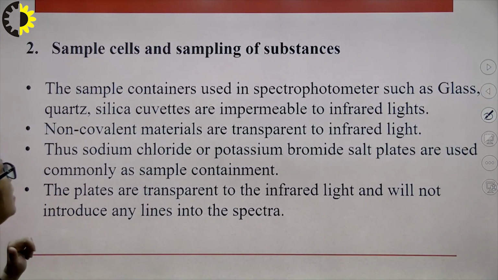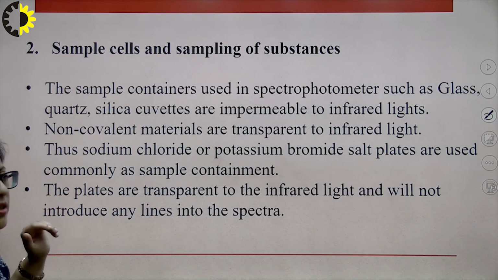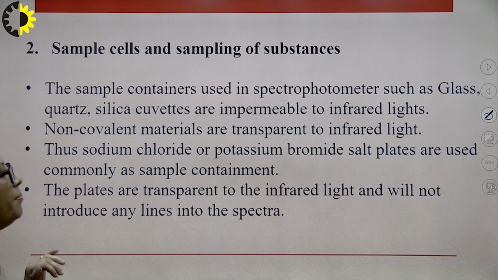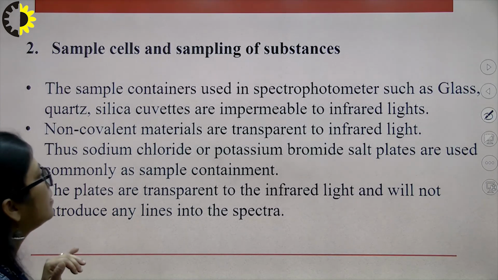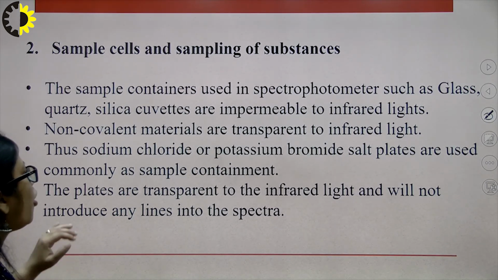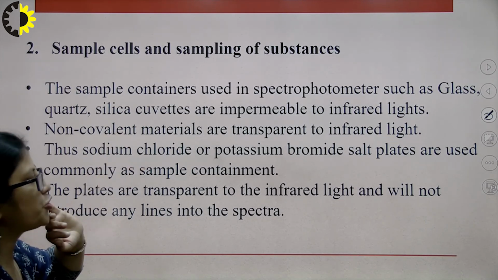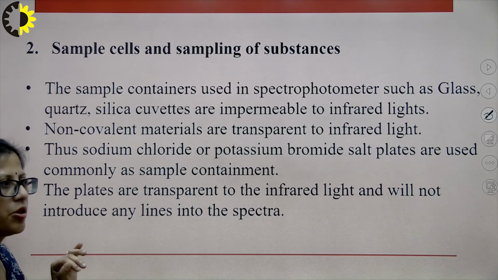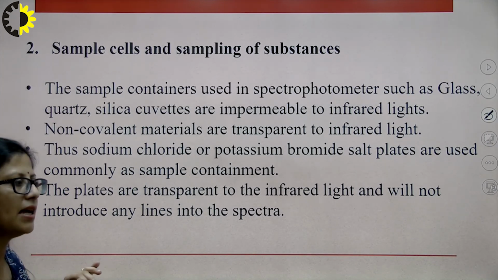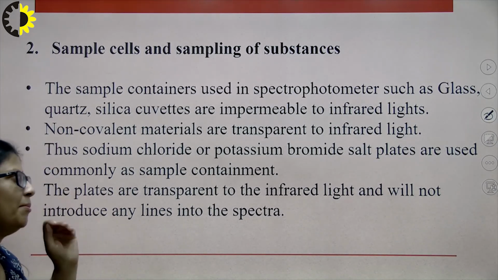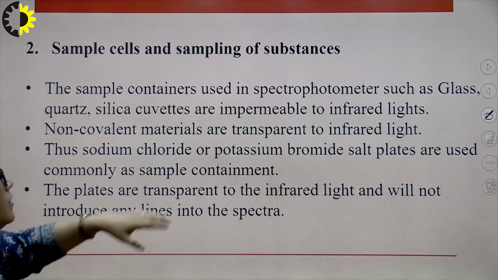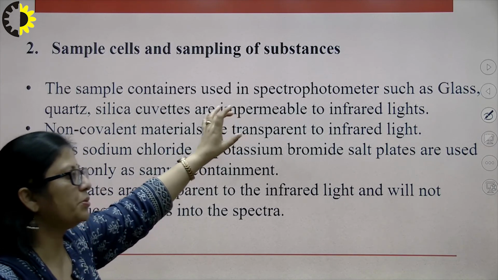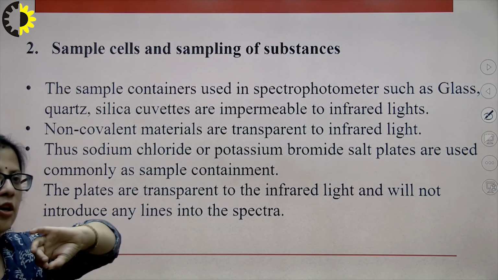Sample cells. Sample containers used in the spectrophotometer, such as glass, quartz and silica cuvettes, are impermeable to infrared light. Non-covalent materials are transparent to IR light. Thus, NaCl or KBr salt plates are commonly used as the sample containment. Since quartz tubes or cuvettes are impermeable to IR radiation, IR light cannot pass through them.